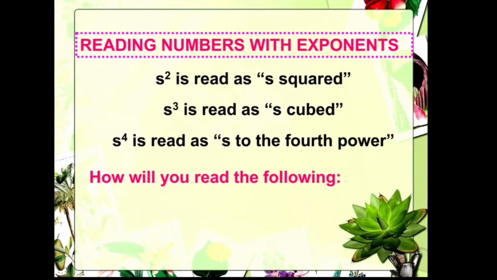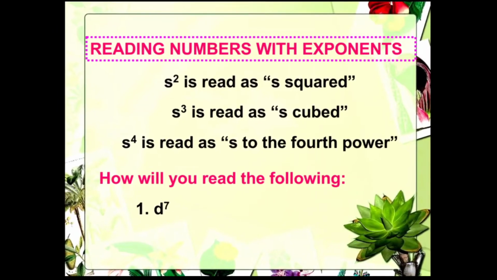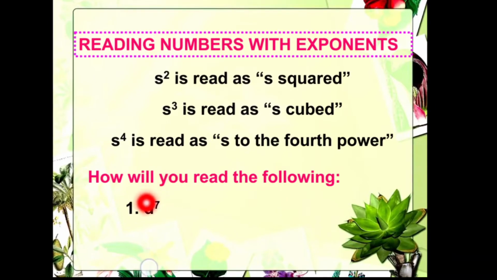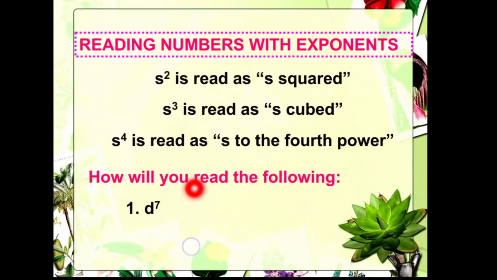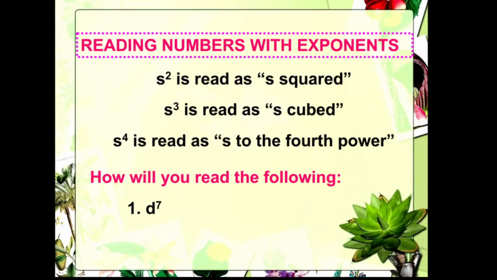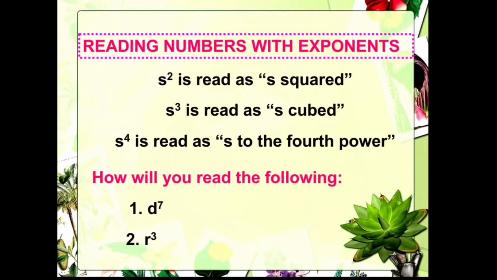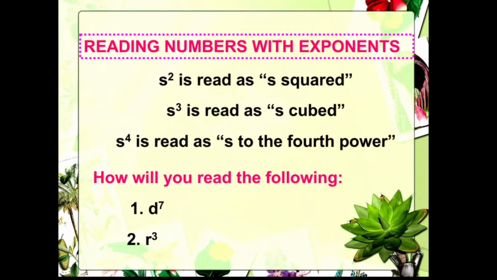Now, how will you read the following? Number 1, the exponent is 7. Therefore, we can read that as d to the 7th power. Number 2, our exponent is 3. Therefore, that is r cubed.